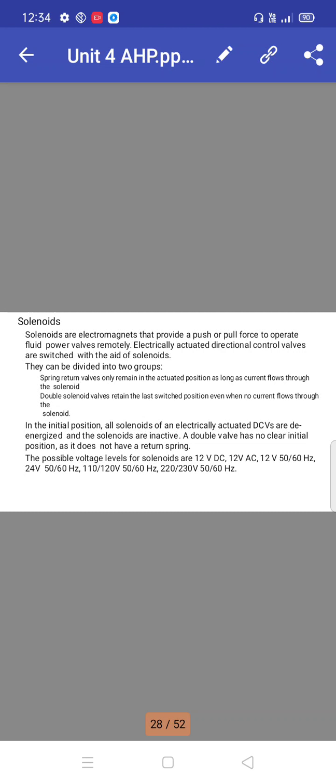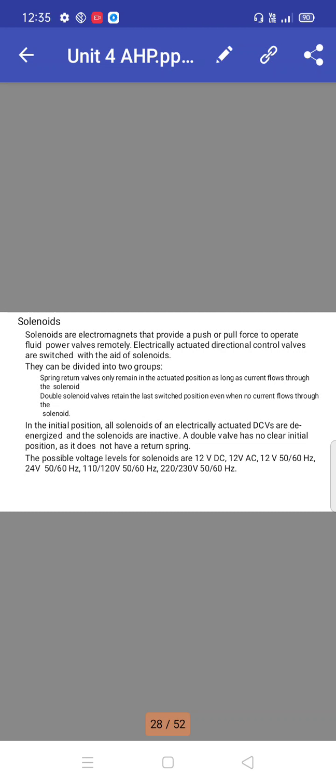Spring-return valves only remain in the actuated position as long as current flows through the solenoid. Double solenoid valves retain the last switched position even when no current flows through the solenoid. In the initial position, all the solenoids of electrically actuated DCVs are de-energized and inactive. A double solenoid valve has no clear initial position as it does not have a return spring.